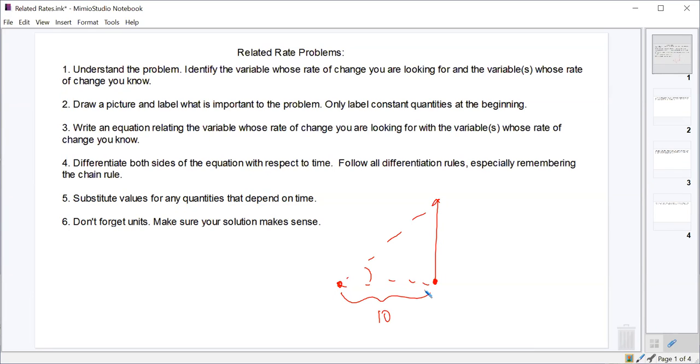So we'll read the problem, we'll draw a picture, we'll label the constants, and I could label this as a theta, or a z, or a q, or whatever. I could label things that are changing with variables, but I can't label them with numbers. Then we'll write our equation that relates all our variables together, and then we'll differentiate with respect to time and plug in all the stuff that was given to us initially. Does that sort of make sense?